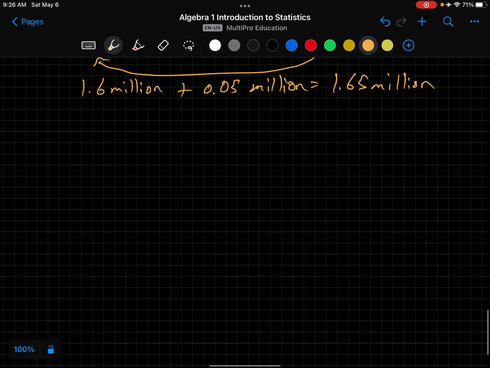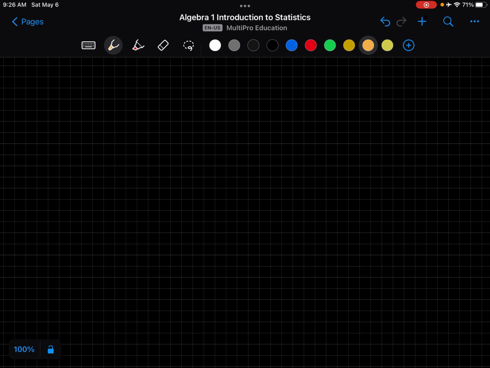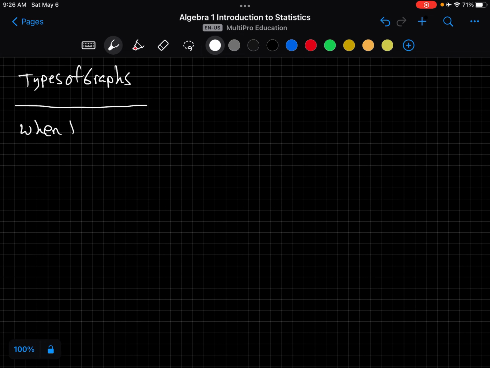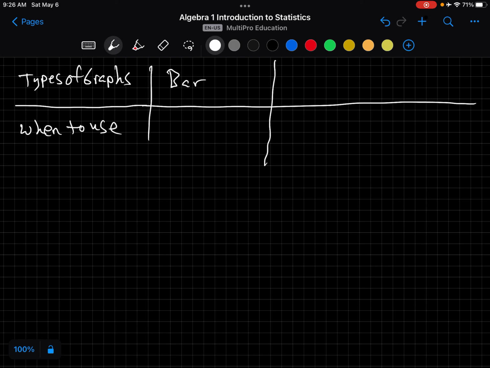All right, so let's do a little bit of review here of the types of graphs and when to use these graphs. All right, so let's look at bar, circle, and line graphs.